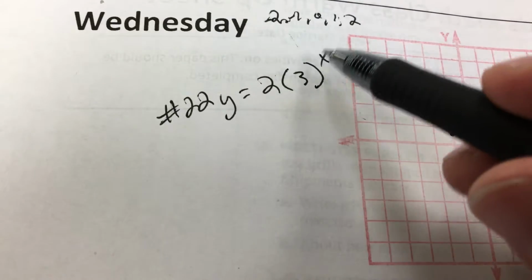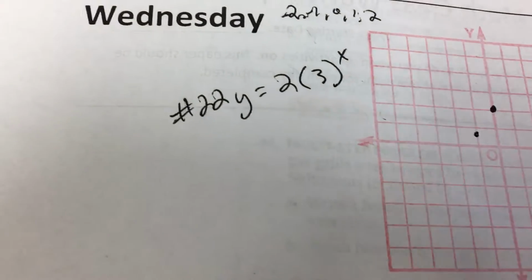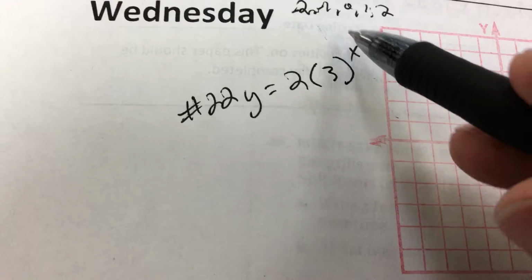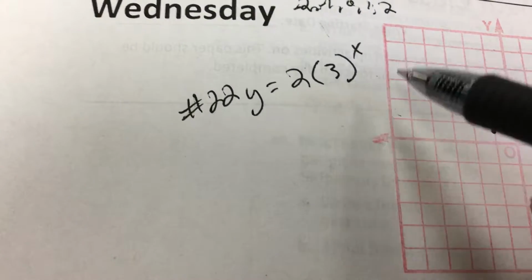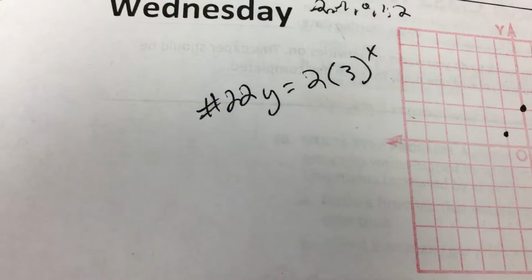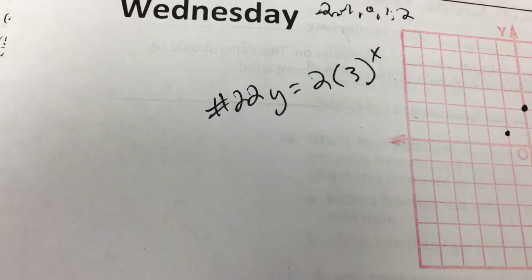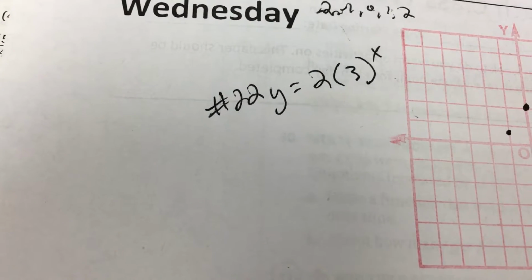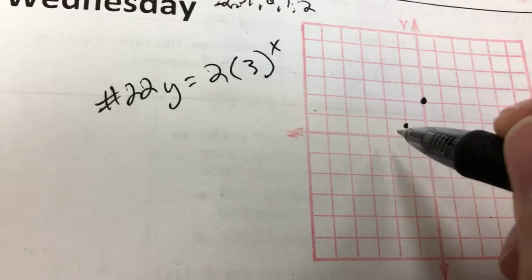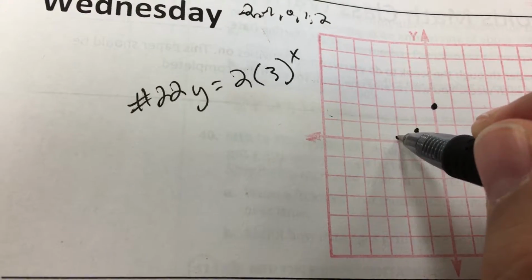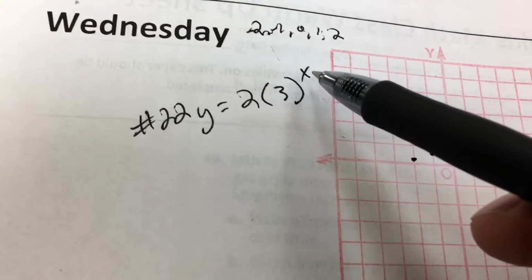And then if I make this -2, that makes it 1/3 to the 2, which is 1/9. 1/9 times 2 is 2/9, which is even smaller in this area. Then I start making this a 1.